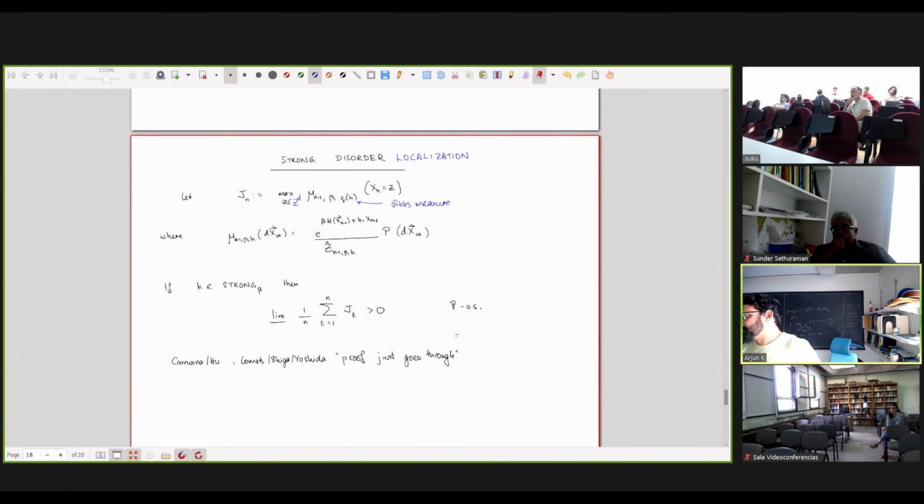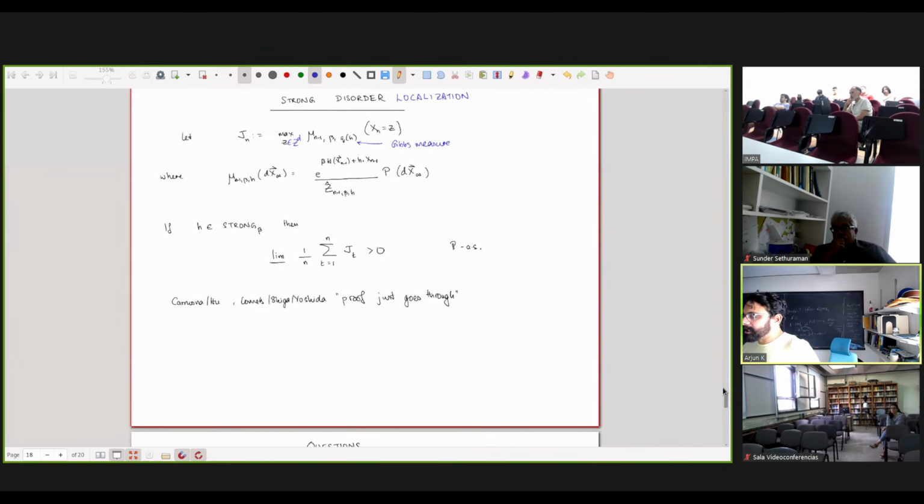And what we can show is that if H is in strong beta, then the lim inf of this Cesaro average of these maxes is bigger than 0, which means along some subsequence, you do have localization. In some sense, this proof doesn't have any new contributions. It's just a matter of checking that the Carmona-Hu and Comets-Shiga-Yoshida method just goes through.